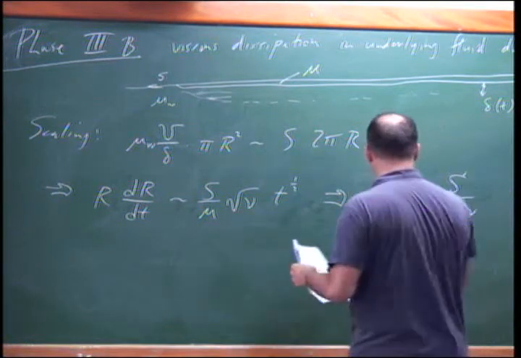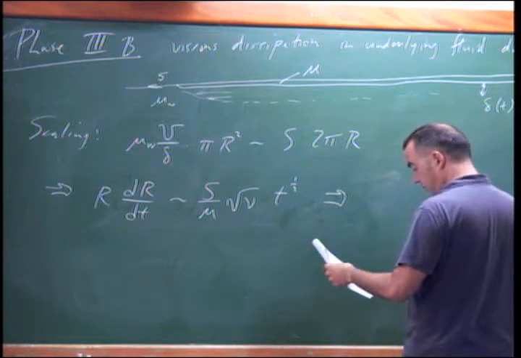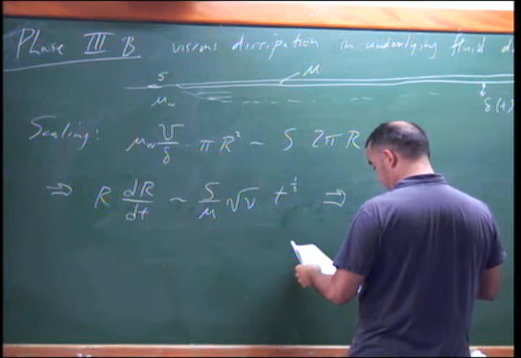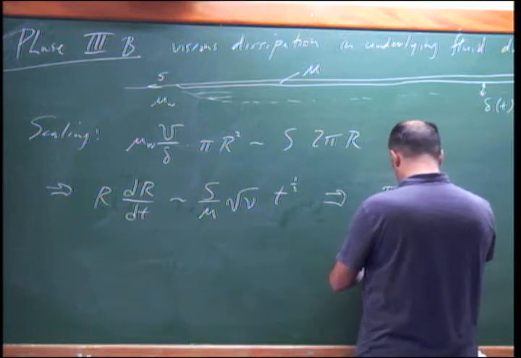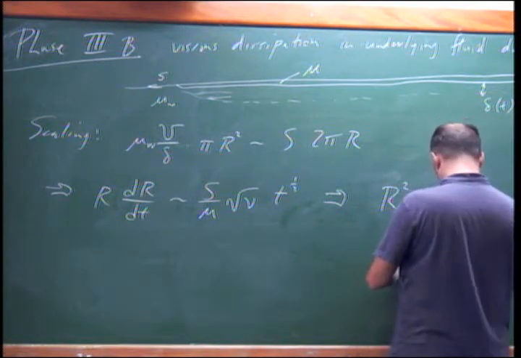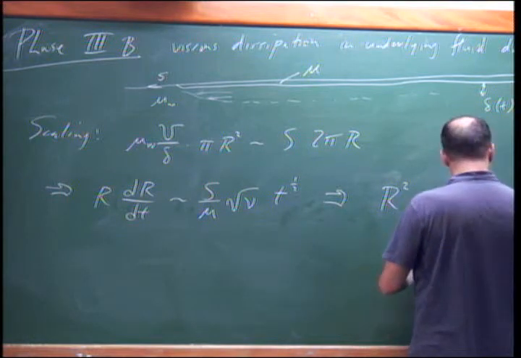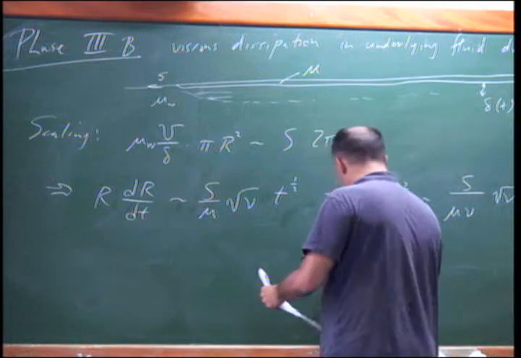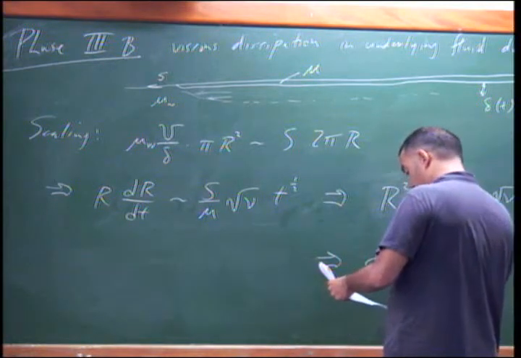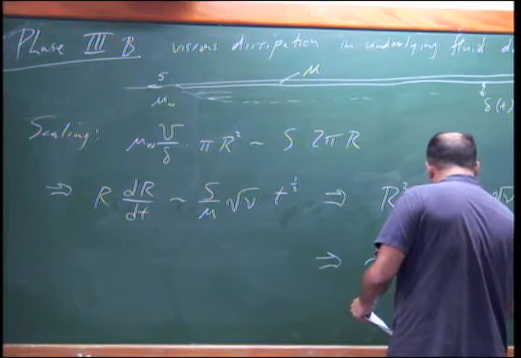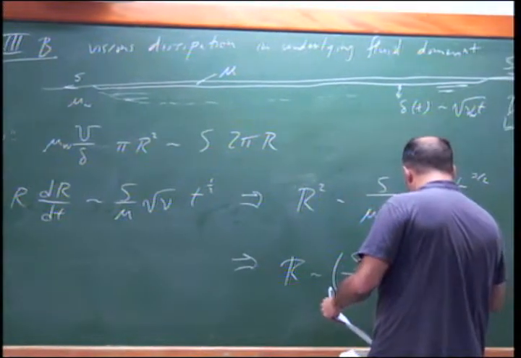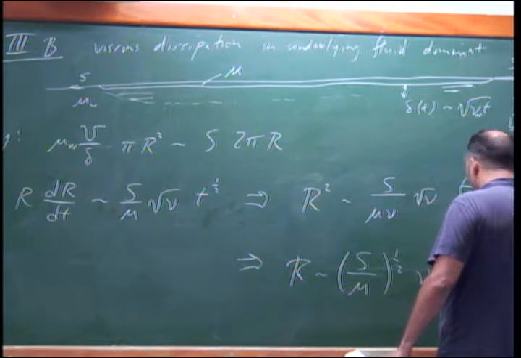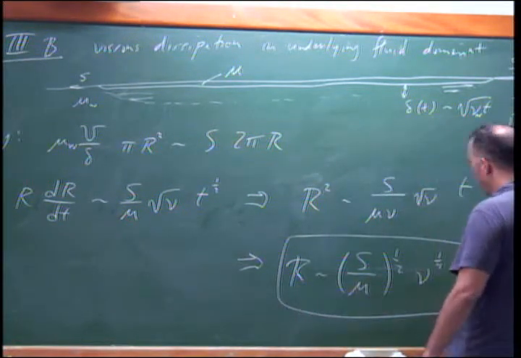Sorry, R squared goes as S over mu times square root of nu to the 3 halves. So we get R goes as S over mu to the power of t to the 3/4.